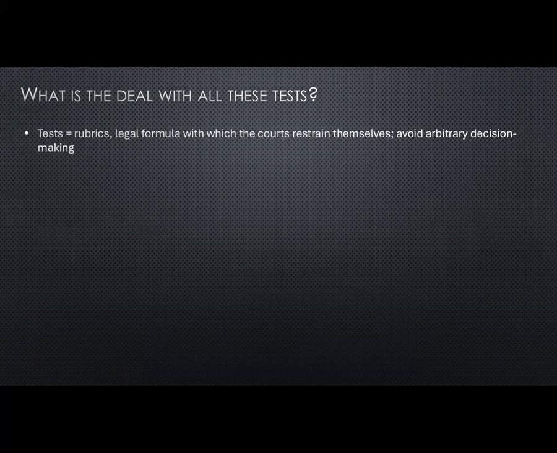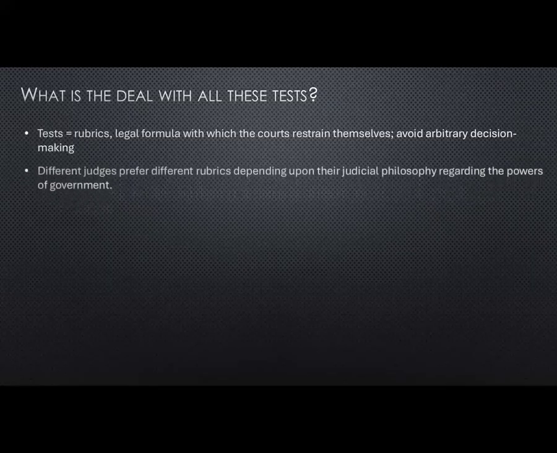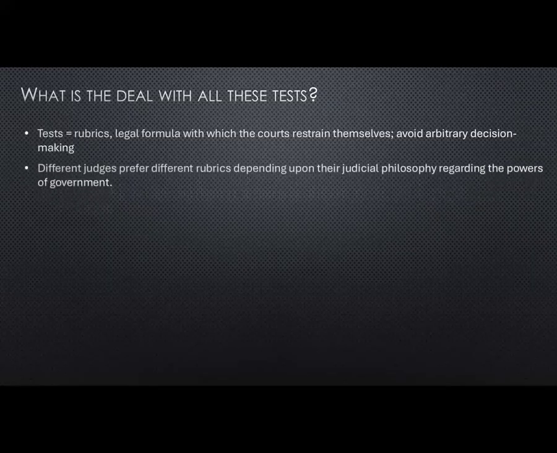They can't decide cases just because of how they feel at the moment. So that often requires them to look at their precedent, look at how they've decided the issue in the past, and develop a test or a rubric that they can then apply in the future. That's why these tests exist. It's to avoid arbitrary decision making.